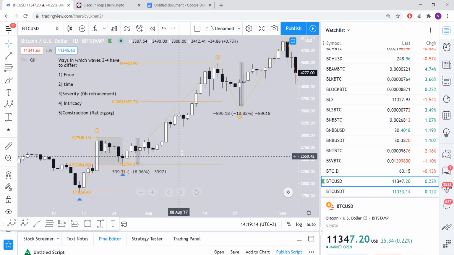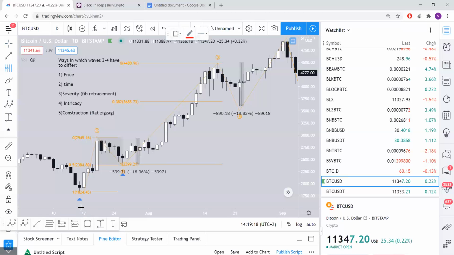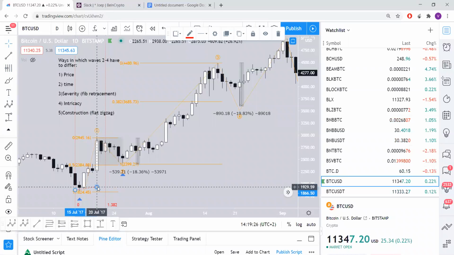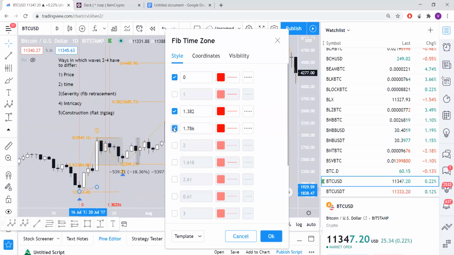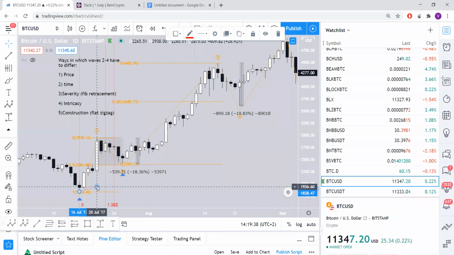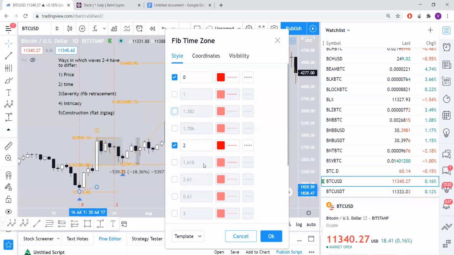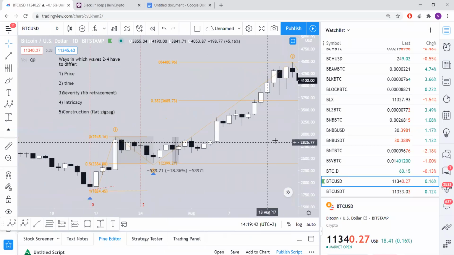There are some similarities here which begin to cast doubt on this being the correct formation, but then we use a time zone, a fib time zone. So now I'll clean the chart a bit.